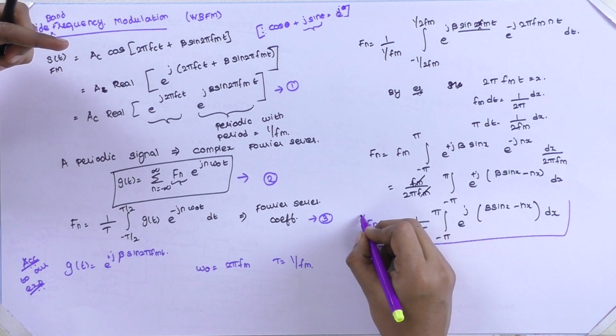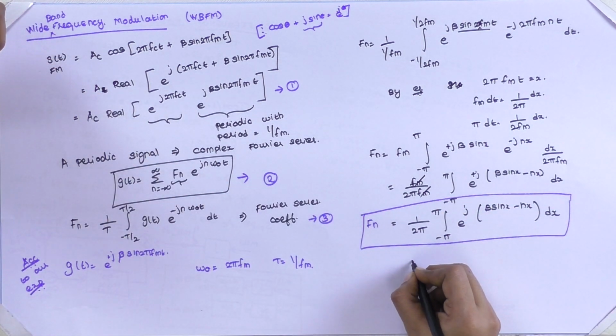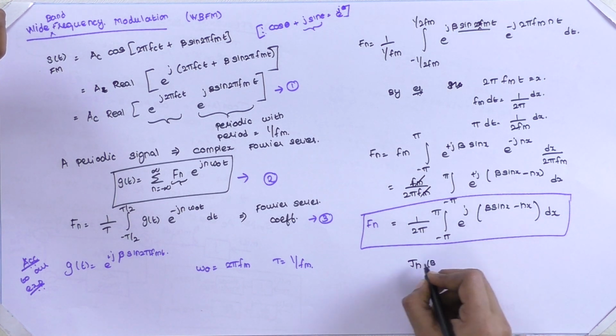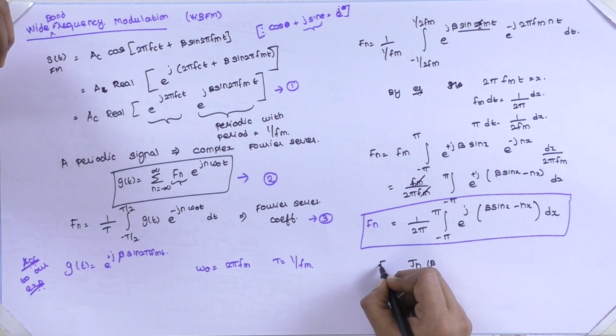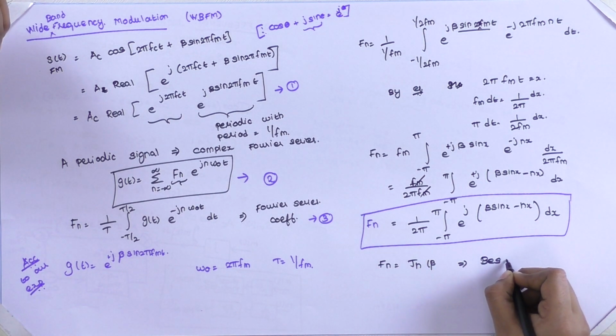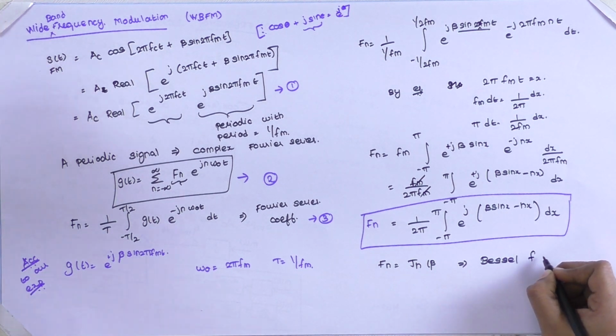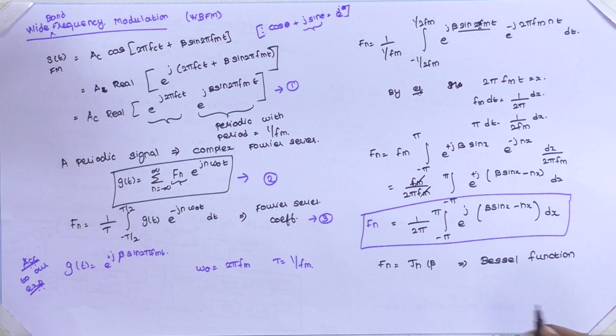This is giving an important function in wave propagation, that we refer to as Jn of beta. e power j beta sin x minus nx is giving a famous relationship called the Bessel function. Bessel function is an important function for studying and analyzing the characteristics of wave propagation.